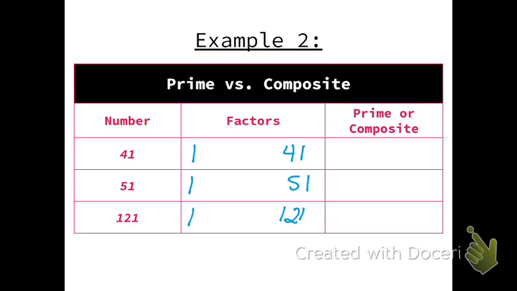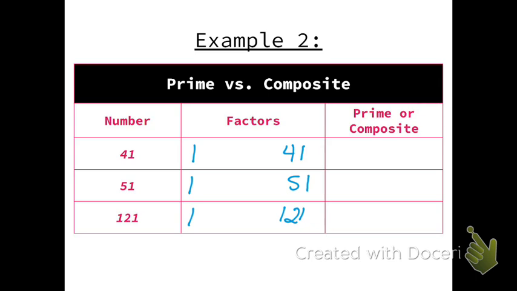Then, to find other factors, you might remember some tips and tricks from earlier. For example, things that are divisible by 2 always end in an even number, like 2, 4, 6, 8, or 0. The trick for 3s is to add up the digits and see if that sum is divisible by 3. In 41, 4 plus 1 is 5, and 5 is not divisible by 3.